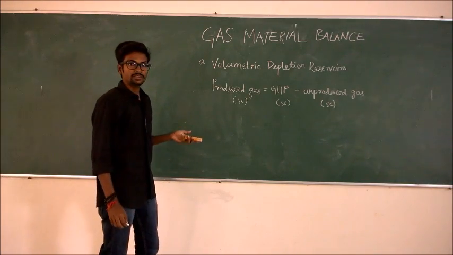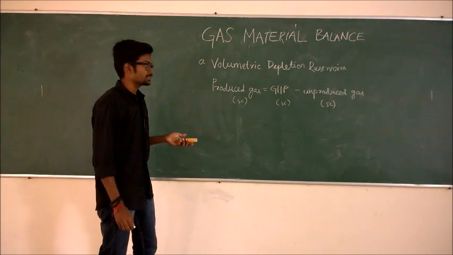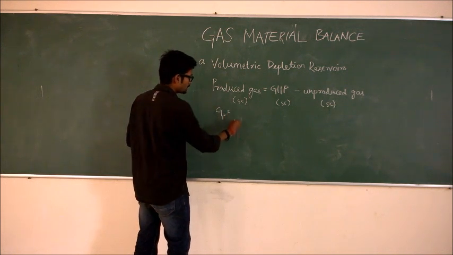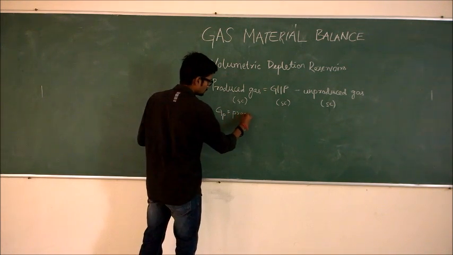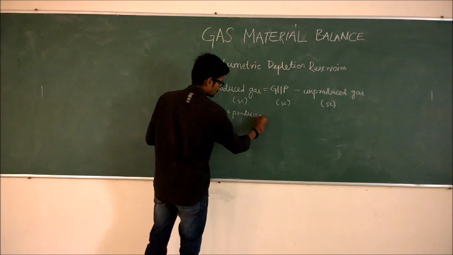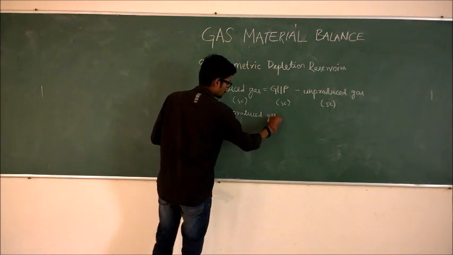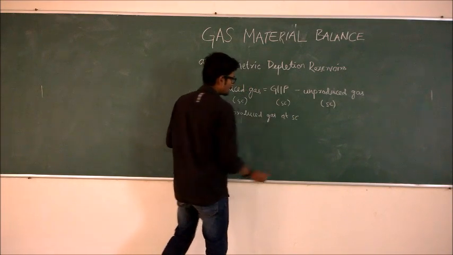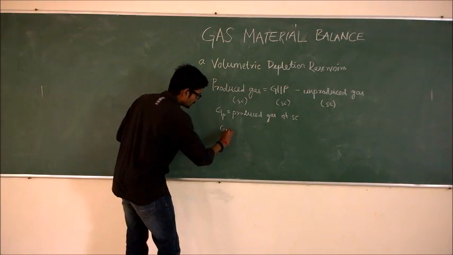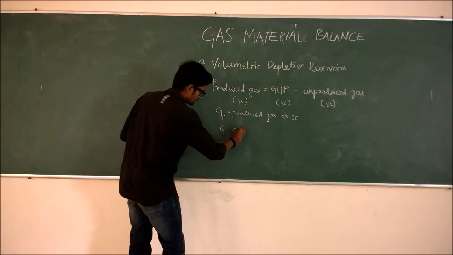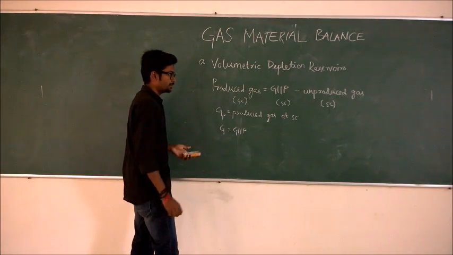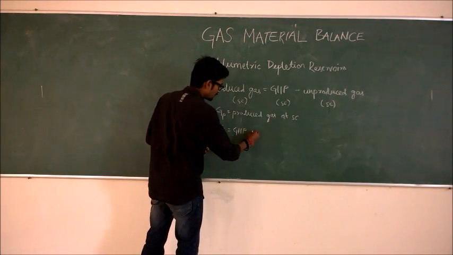Now, for evaluating this equation, we take some constants like Gp, which is the produced gas at standard conditions. GIIP is denoted by G. It is the gas initially in place, standard volume.